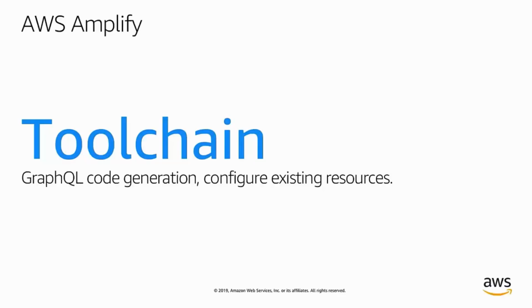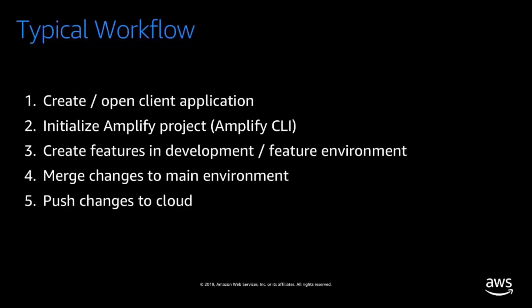So what does an actual typical workflow look like with all of these different tools we just looked at? Well, typically you will either create or open your existing application that you're working with. This would be something like an iOS application or React Native application. You would then initialize a new Amplify project from the root of this application.